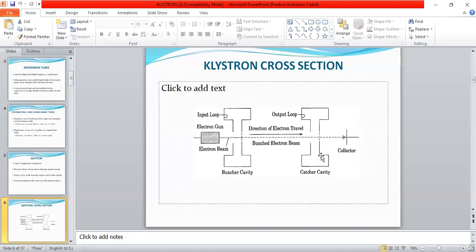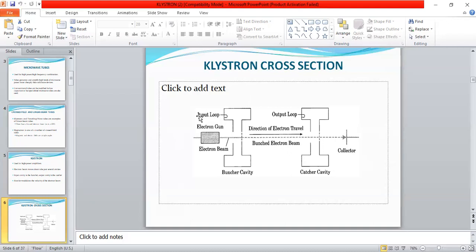Then, coming to the structure, here it is a klystron amplifier. We have to apply the input signal, and the applied input signal power is amplified by this klystron amplifier. At this buncher cavity, we apply the input signal which is to be amplified at microwave frequencies.